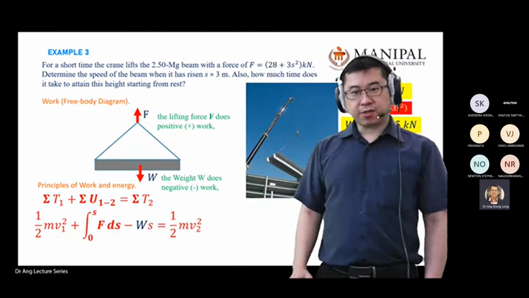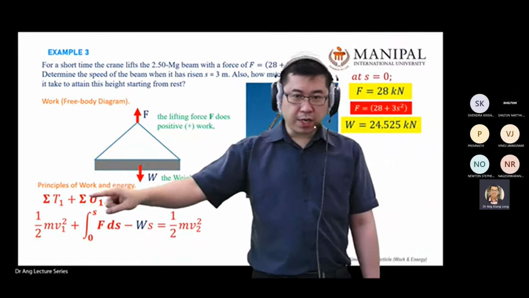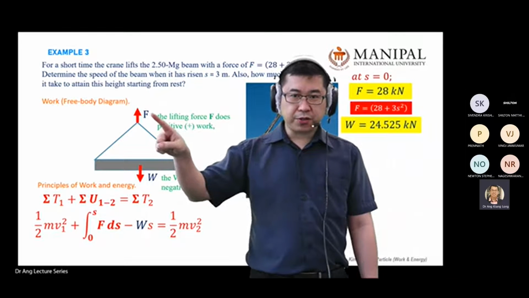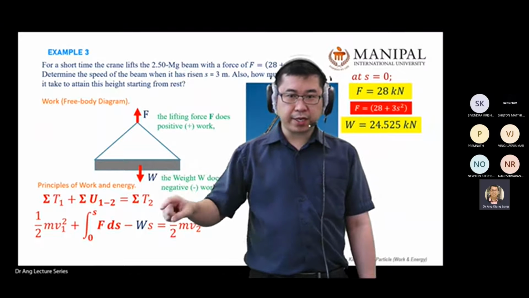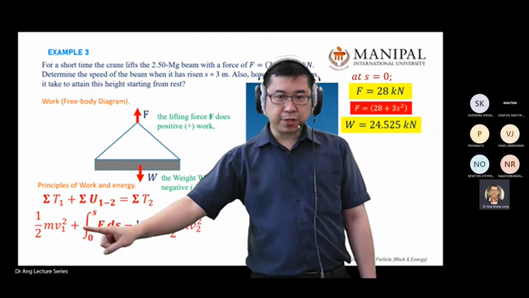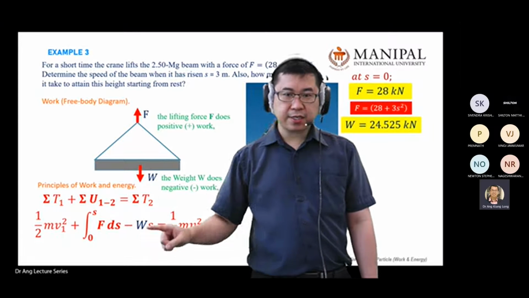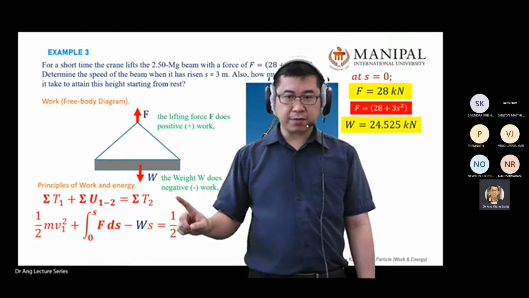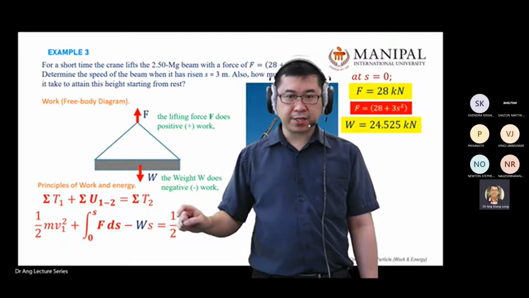For this example, your work has two forces involved: force going up and gravity going down, your weight. So the force is positive, integration of F ds. The work of W is negative because it's going down and the displacement direction is going up. That's why you get negative W ds.